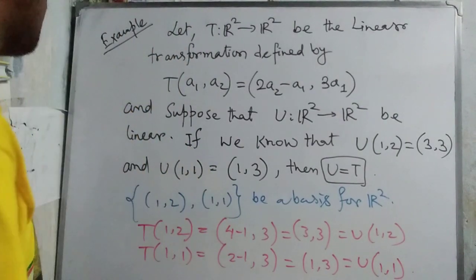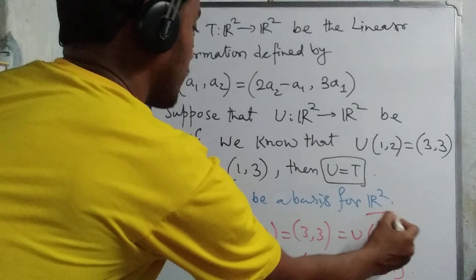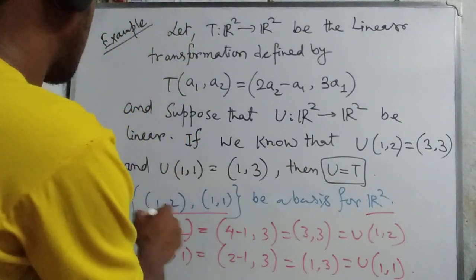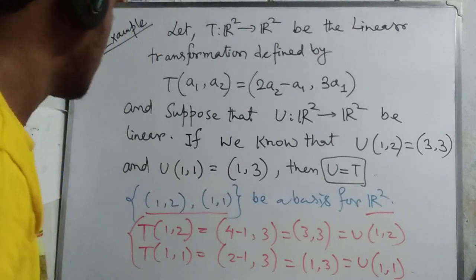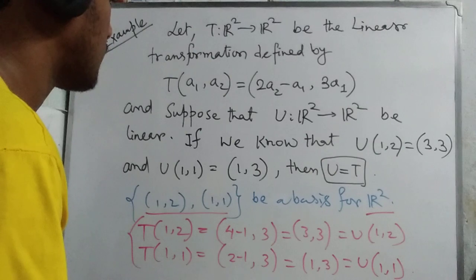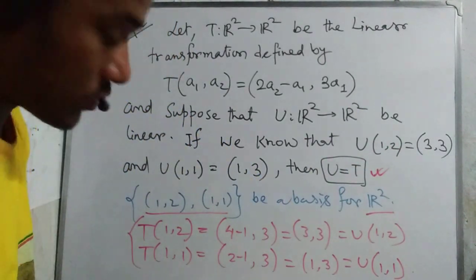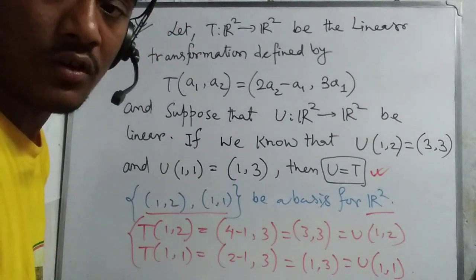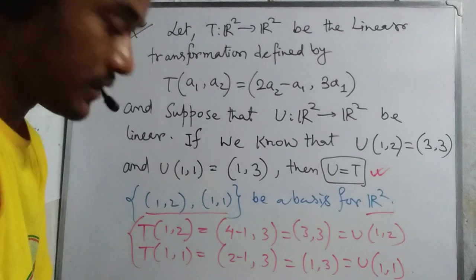Understood? Then this one is a basis for R² and satisfies T(vi) equal to U(vi). In this way we also say that U equals T. That means we also give a consequent example of this theorem here.